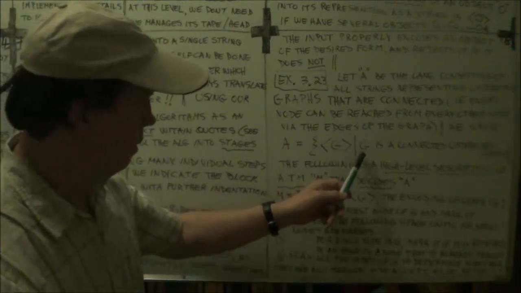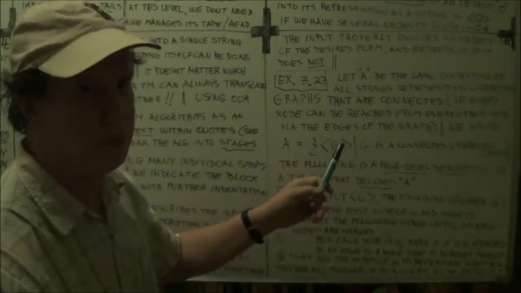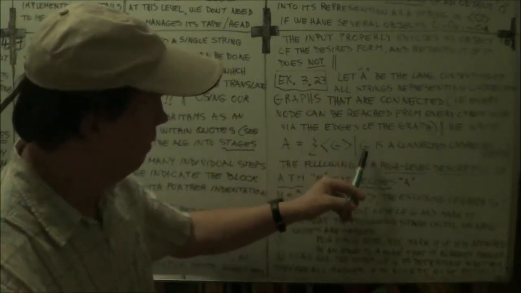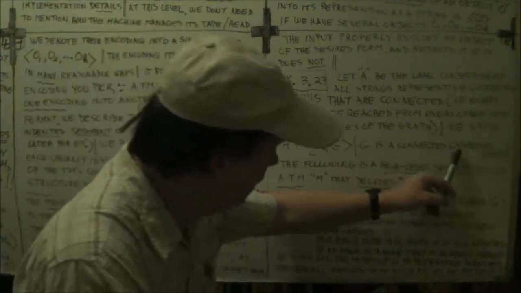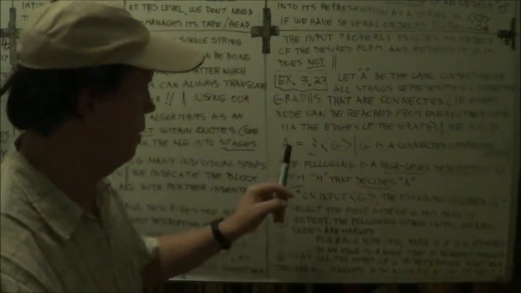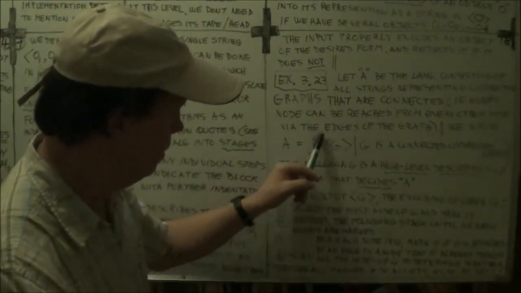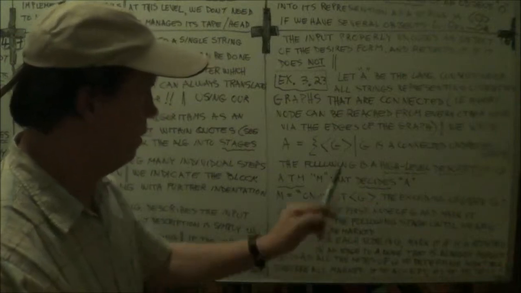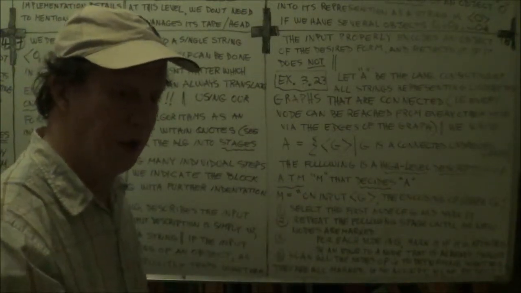So G, and then the property that the elements here have to be members of the set. G, which is just a graph, is a connected undirected graph. So that's your language. It's the set of all these strings, and the string encodes or represents information about your graph. It tells you what the graph is.